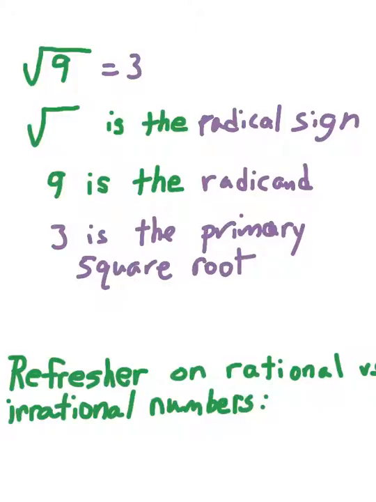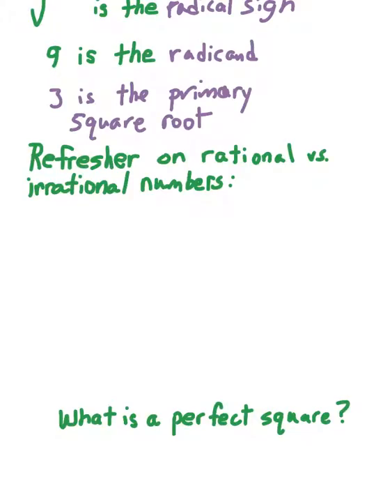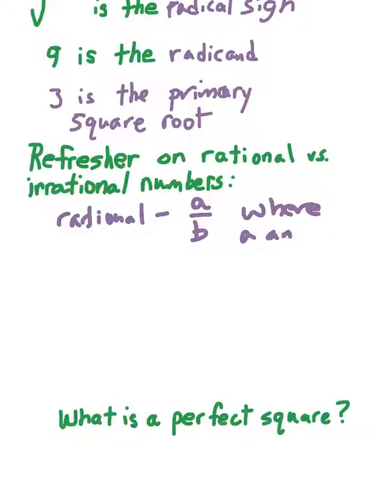Now, important to this discussion as we go forward is to make sure we know what rational numbers are versus irrational numbers. Since we've already discussed this, I'm just going to remind you that rational numbers can be written in A over B form, where A and B are both integers.